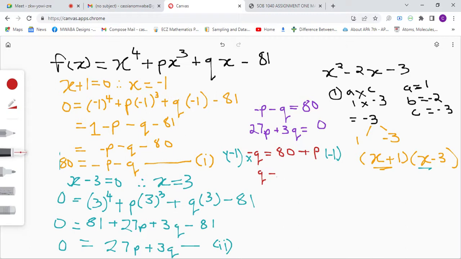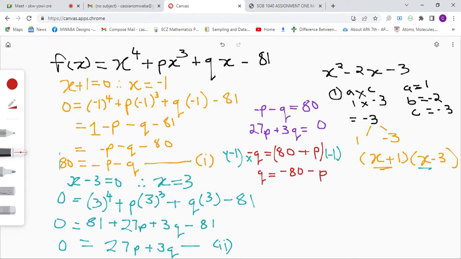So negative 1 times negative Q, we get positive Q. Negative 1 times 80, you get negative 80.